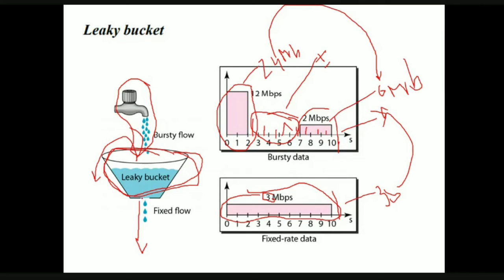Because it is sending a fixed flow here, if the host is not sending for these 5 seconds, after some amount of time this bucket becomes empty. Okay. Now again, if the host has bursty traffic, the leaky bucket allows it again at an average rate only. Okay. So the time for which this host is idle is not taken into account.